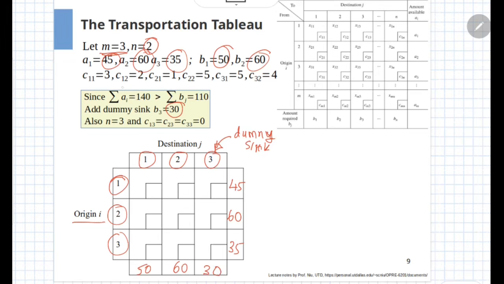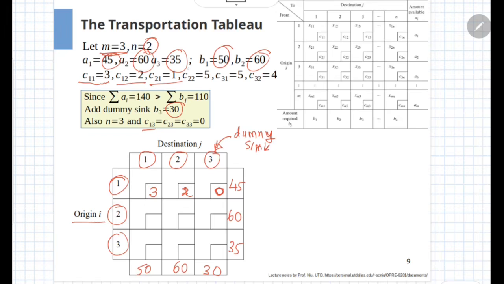Now we have to put the costs. So costs C11, C12 are given here. C11 is 3, C12, that is from first origin to second destination, is 2, and C13 is 0. Since this is a dummy destination, it will have the cost of transportation as 0.